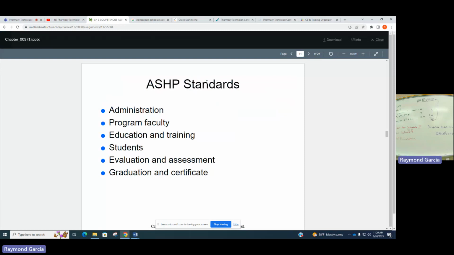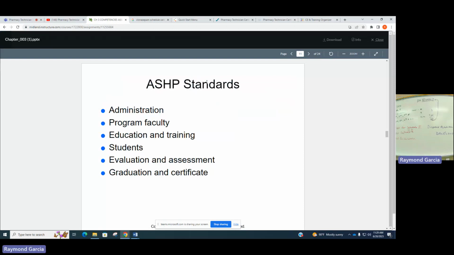I guess they are both national certifications because they both say they're accredited by the National Commission for Certifying Agencies. So the certifying agency for the ExCPT is NHA, and the certifying agency for the PTCE is the PTCB, which is the Pharmacy Technician Certification Board.